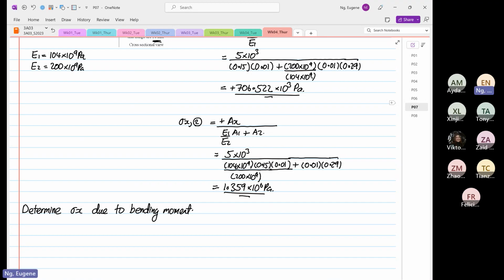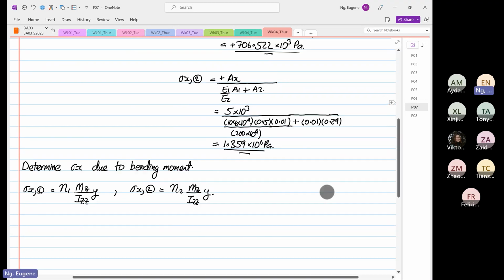So we know that the formula for stress x for material 1 is equal to E1 Mz over Izz multiplied by y. And then for material 2 is equal to E2 Mz over Izz multiplied by y. Okay.